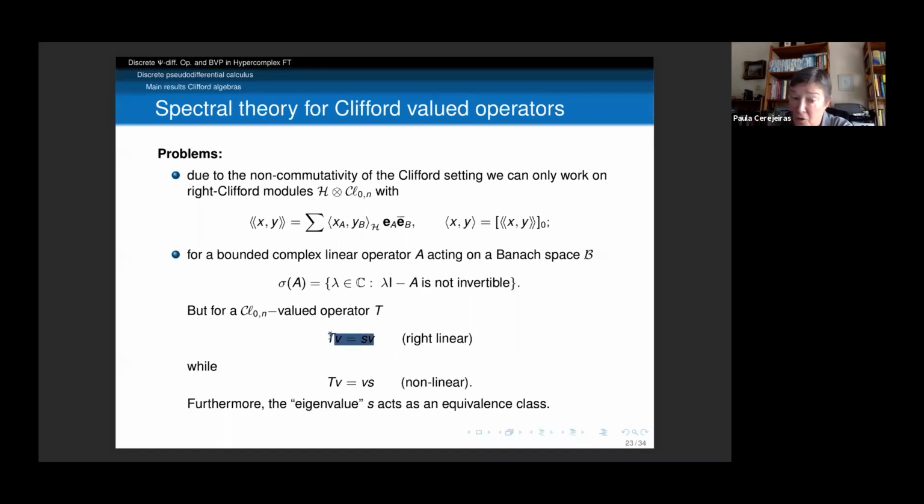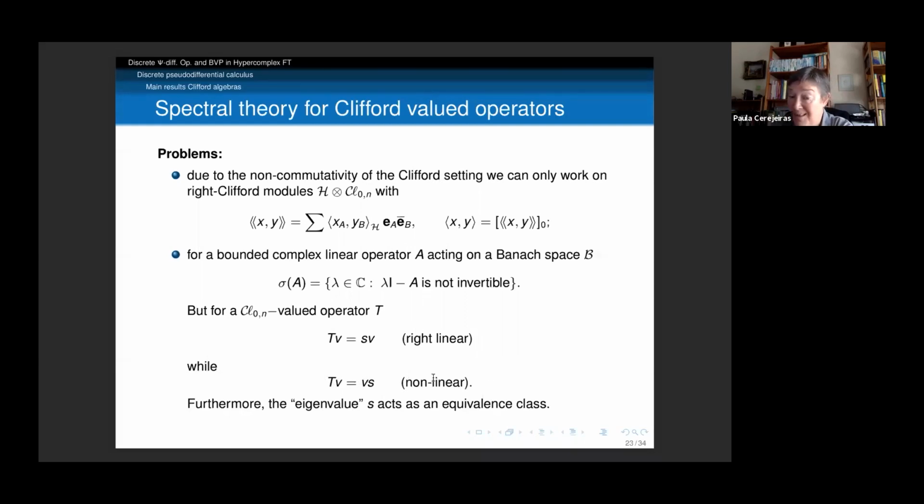You have a lot of papers discussing this type of right eigenvalues for Clifford valued operators, but in fact, they only make sense if your eigenvalue is real or complex. The eigenvalues one is interested in, the ones that allow you to construct something, are those where the eigenvalue is calculated on the right of the function. Then you can decompose the space of the functions and you can apply the operators to this and obtain a decomposition.